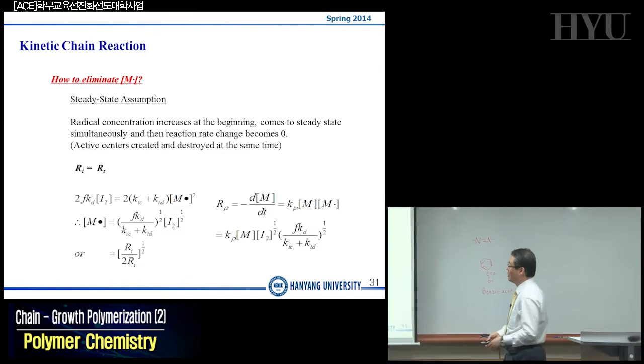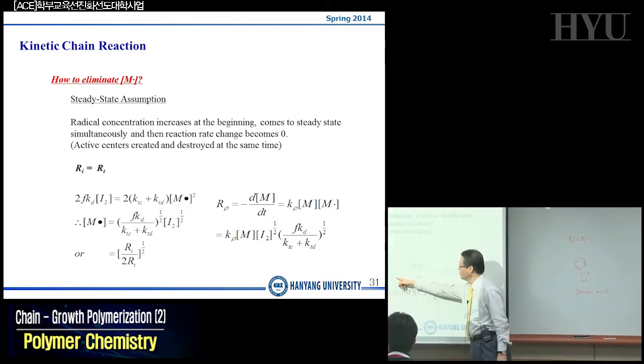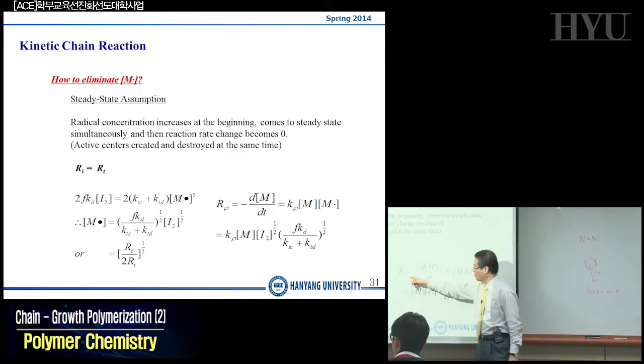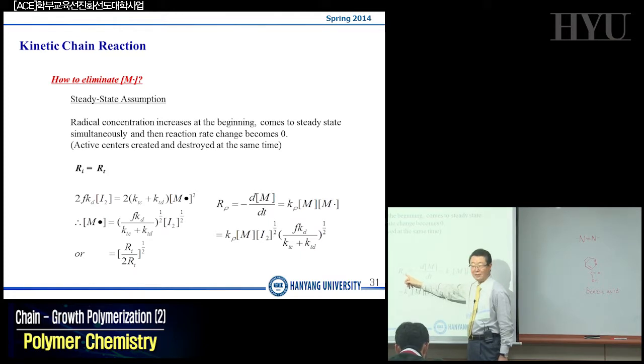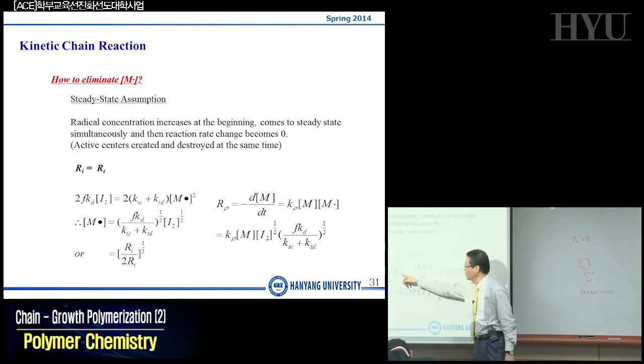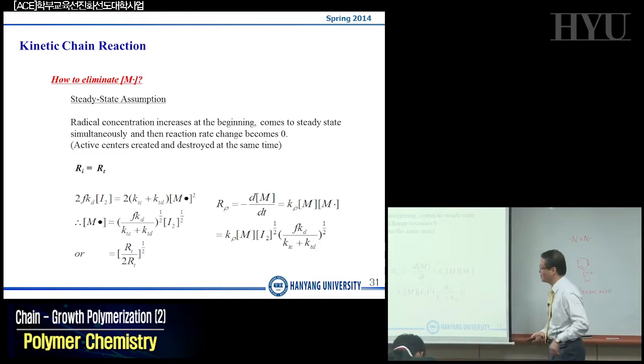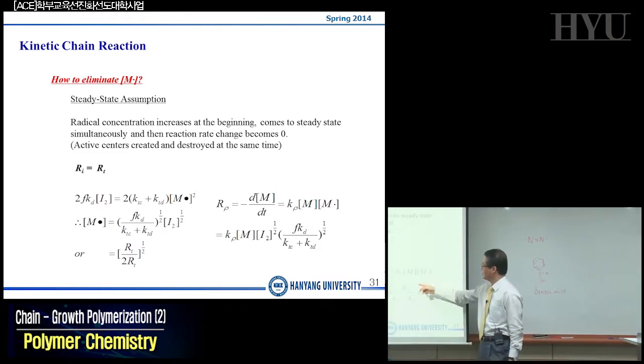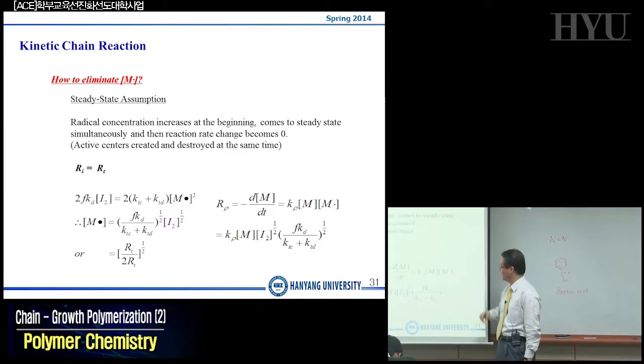So Rp, as we have described, is not rho. I just tried to replace this with a p, but it's not the symbol rho, it's the letter p. The propagation rate is Kp times M times M dot.